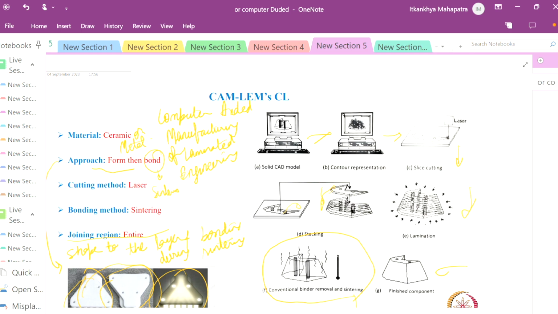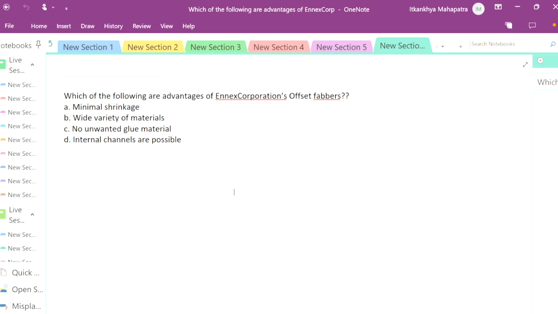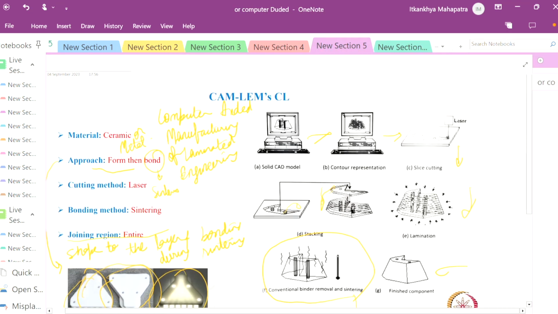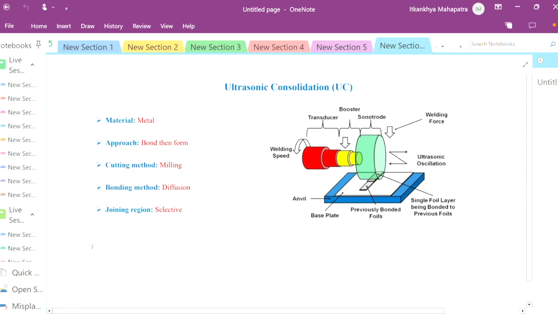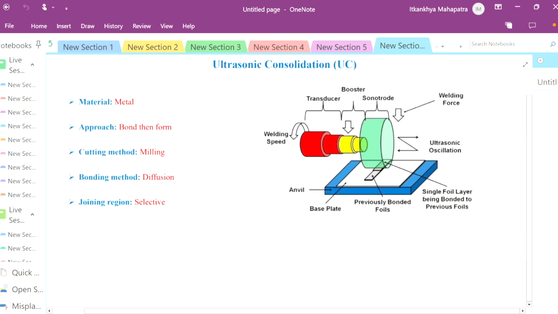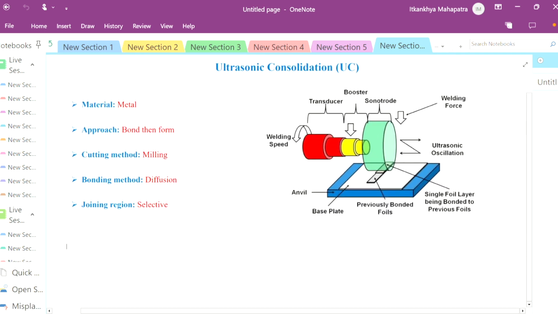Now we'll move on to the next technology. This is the ultrasonic consolidation method. Now this is the last process.